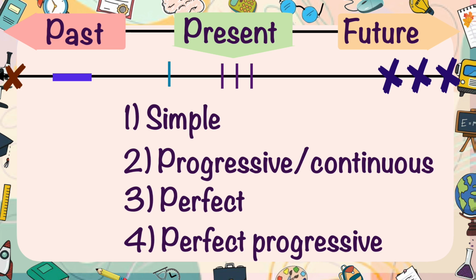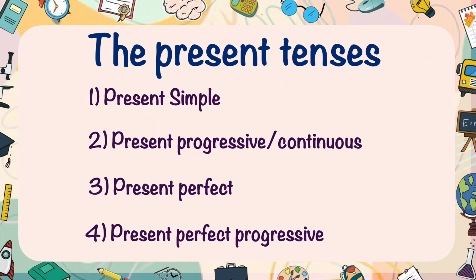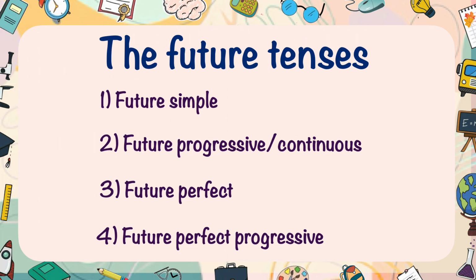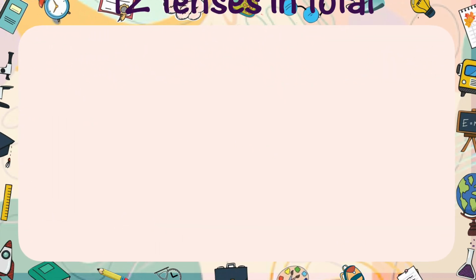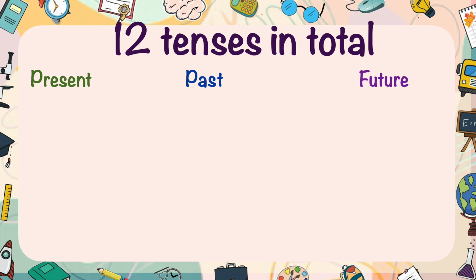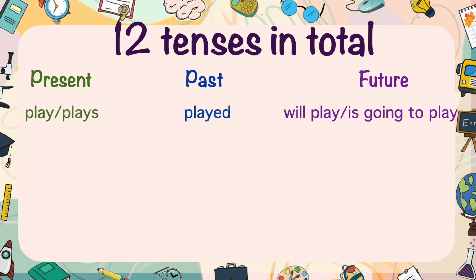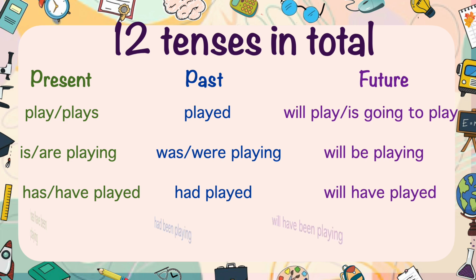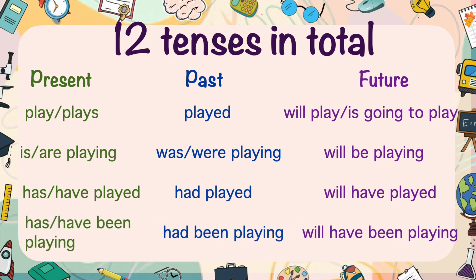And in this way, there are 4 present tenses in English, 4 past tenses, 4 future tenses, which makes a total of 12 tenses. The simple tense, continuous tense, perfect tense, and the perfect progressive.